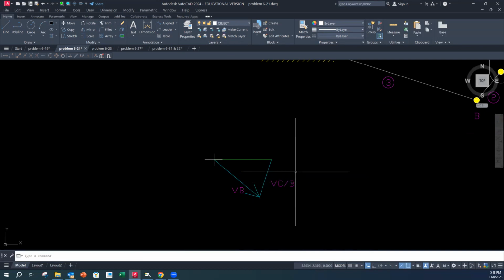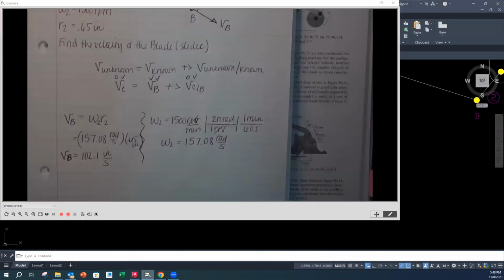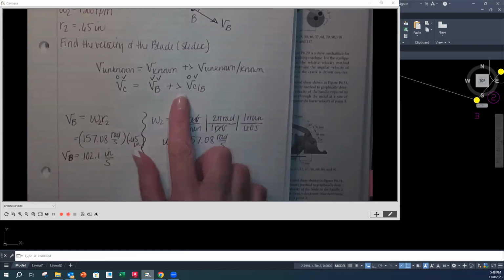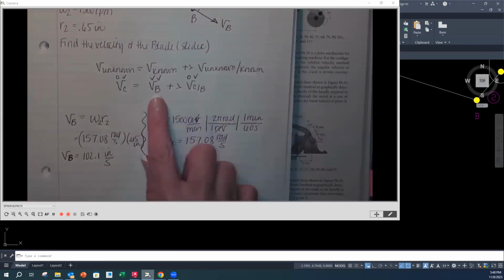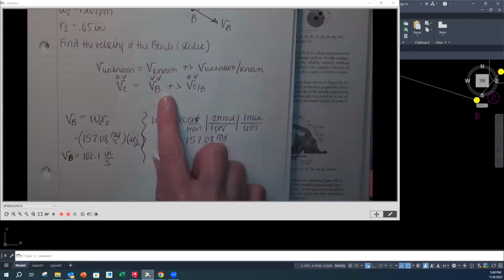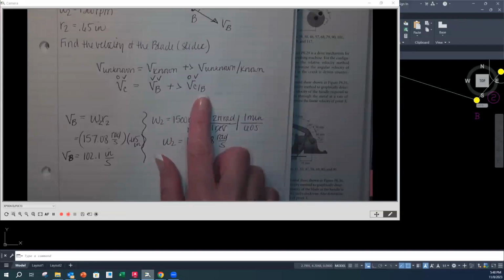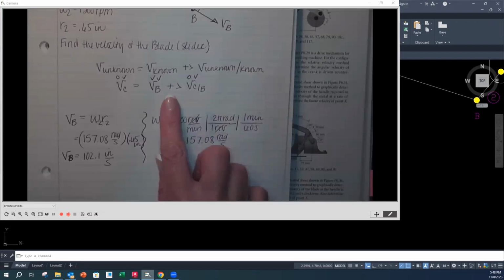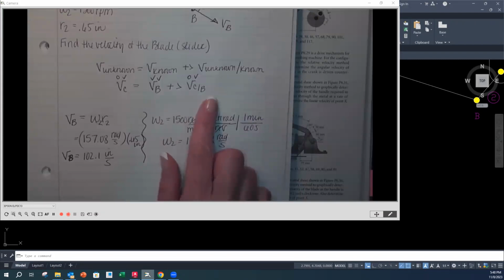And I need to add my arrowheads. So I'm going to grab my vector. As we look at our vector equation, we added to the end of B, C relative to B. That means that C relative to B's tail is going to be at the tip of B, and its tip is going to be on the other side.